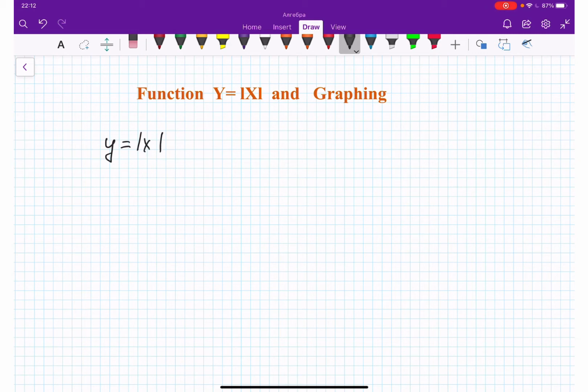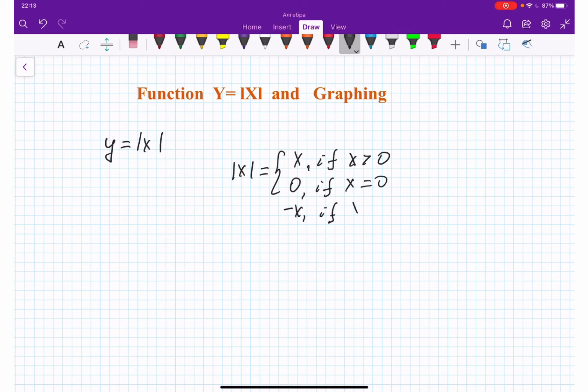Based on the definition of absolute value, the absolute value of x is going to be equal to x if x is greater than 0, 0 if x is equal to 0, and negative x if x is less than 0.